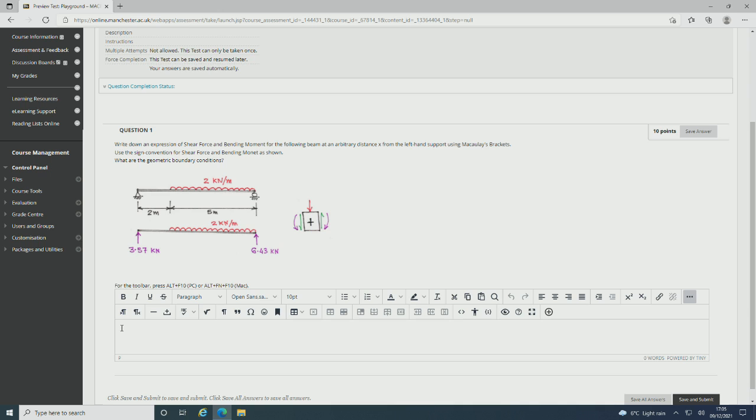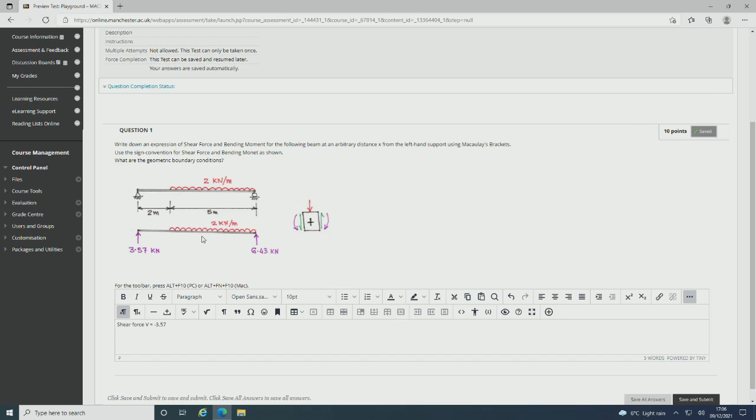So if you click in there and start typing shear force, say V, you can say V is equal to, then okay, 3.57 on the left hand side, and that is going up. According to the sign convention I have used, left hand side is downward positive, so that would be minus 3.57. Until x equal to 2 meter, I don't have any load.